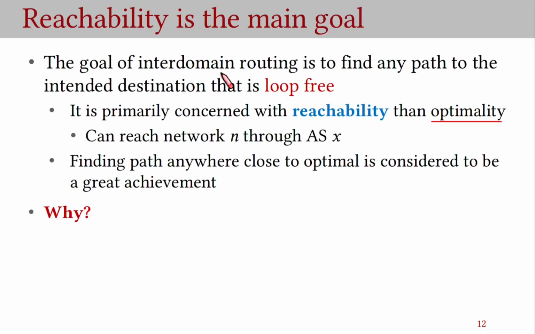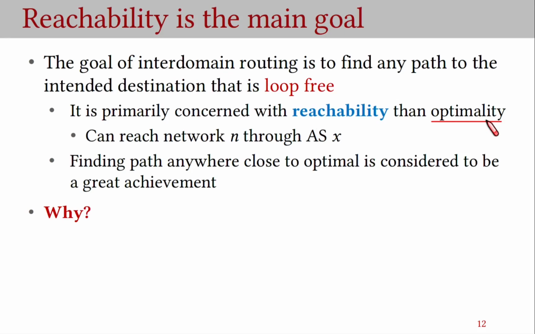The goal of interdomain routing is to find any loop-free path to the destination, and this is called reachability. By reachability we mean that we can reach network N through some autonomous system X. The reason that in interdomain routing we are concerned only with reachability rather than optimality is that the autonomous systems are independent.